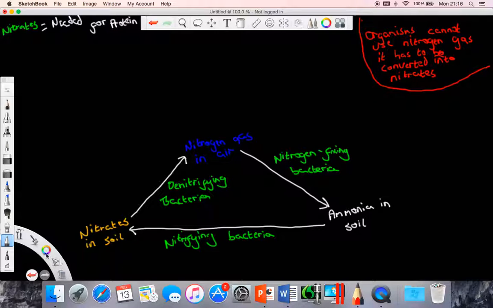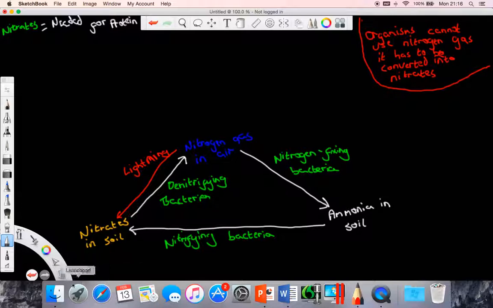Now there is a shorter step in this, where nitrogen gas can be turned straight into nitrates in the soil by lightning. Lightning can turn nitrogen gas straight into nitrates.